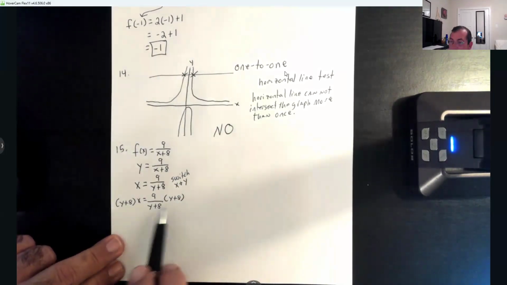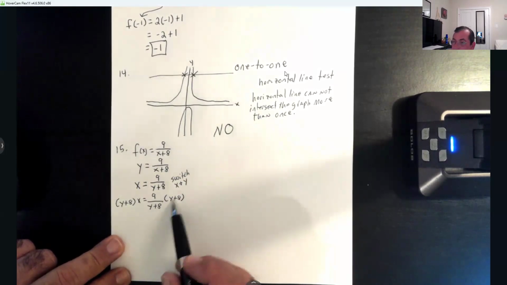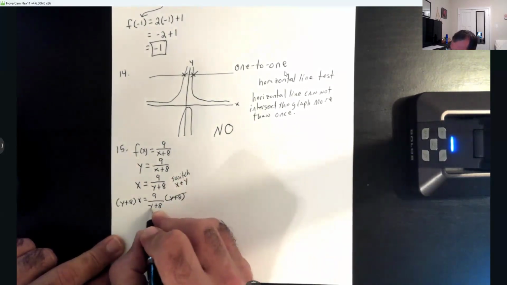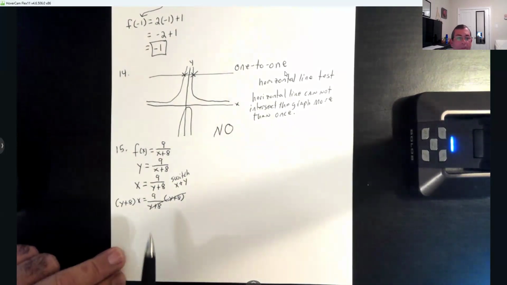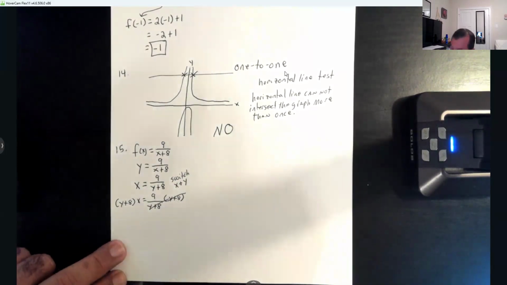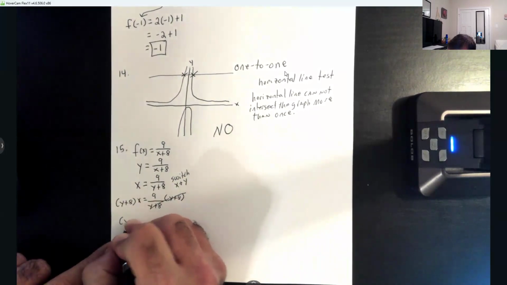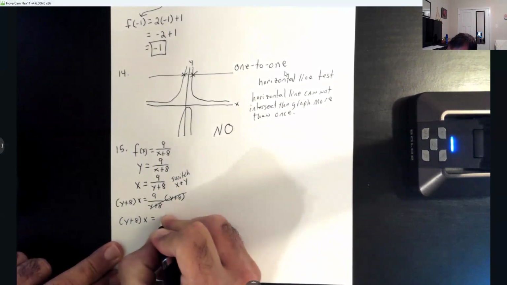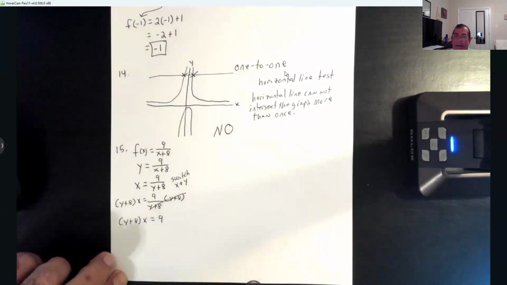Now, the reason you multiplied both sides by y plus 8, because look on the right side, I can now cancel that y plus 8 out. So those are going to cancel out, leaving me a y plus 8 times the x equal to a 9.